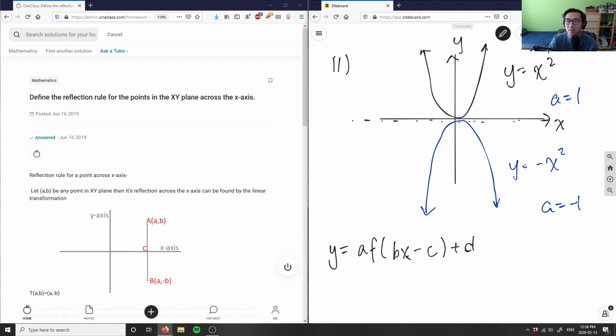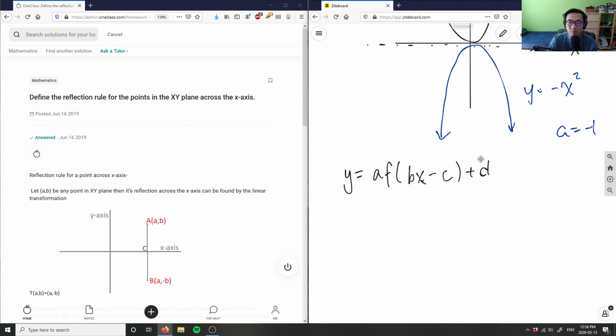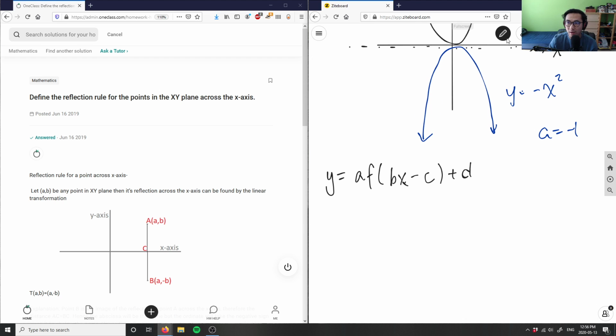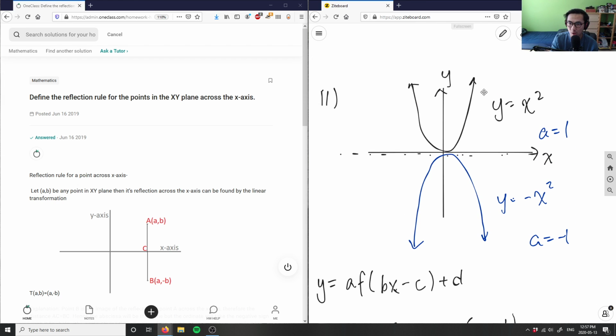And this here is basically a general formula for any of these functions. For example, in this case, f of x is x squared, right? So simply I have y equals a times x squared. In this case, my a was equal to 1. So we get this top formula here.